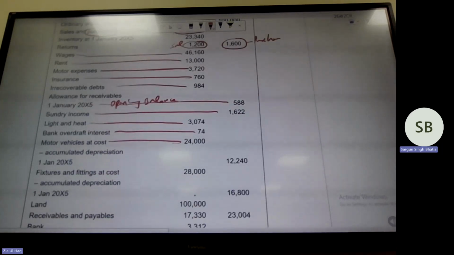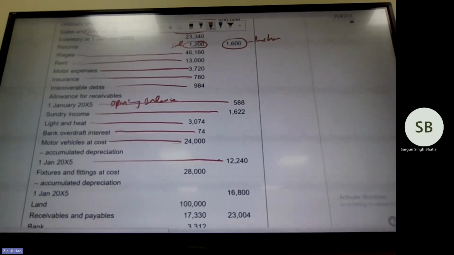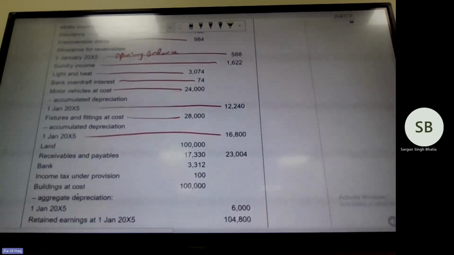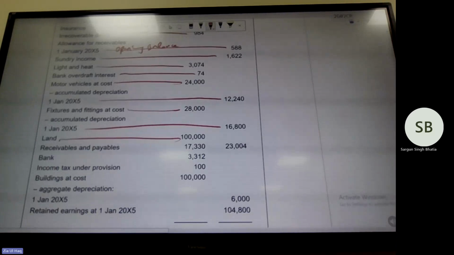Motor vehicle at cost, fixed asset. And its accumulated depreciation balance is 12240, opening balance. Fixtures and fittings at cost, asset. Motor vehicle is an asset, fixtures and fittings is an asset, and its accumulated depreciation balance is this. Land is also a non-current asset.